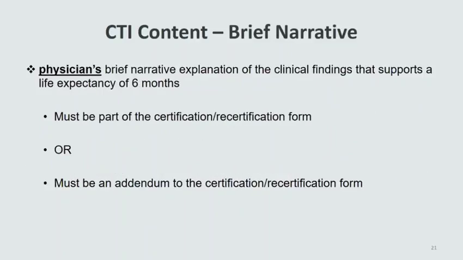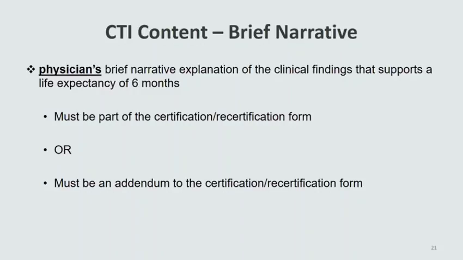Okay, now this brief narrative, which is a large part of the problem, it has to contain certain items, but there are also requirements on where it needs to be on your form. So it needs to be identifiable on the form, and it needs to contain an explanation of the clinical findings that support a life expectancy of 6 months or less.